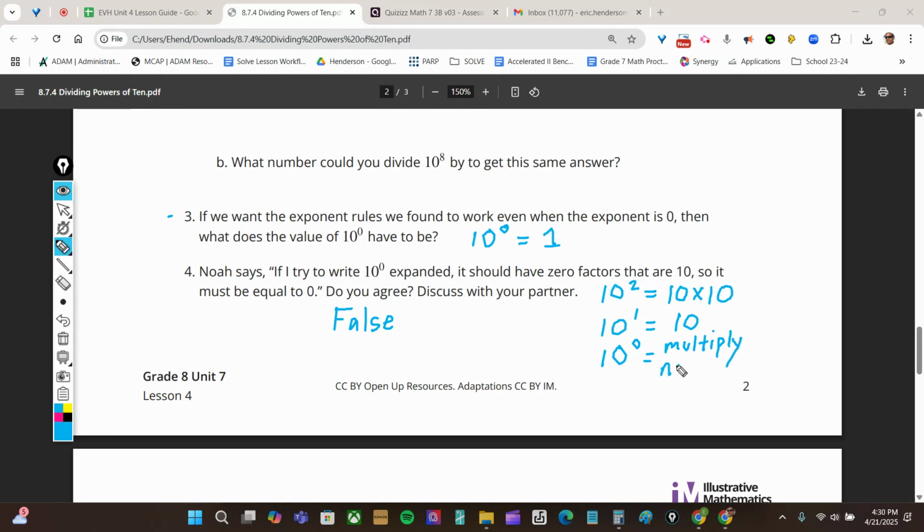You're not multiplying anything. So you're multiplying nothing, so it's equal to 1. That's the logic. That's one way of thinking about it. So it doesn't equal 0.